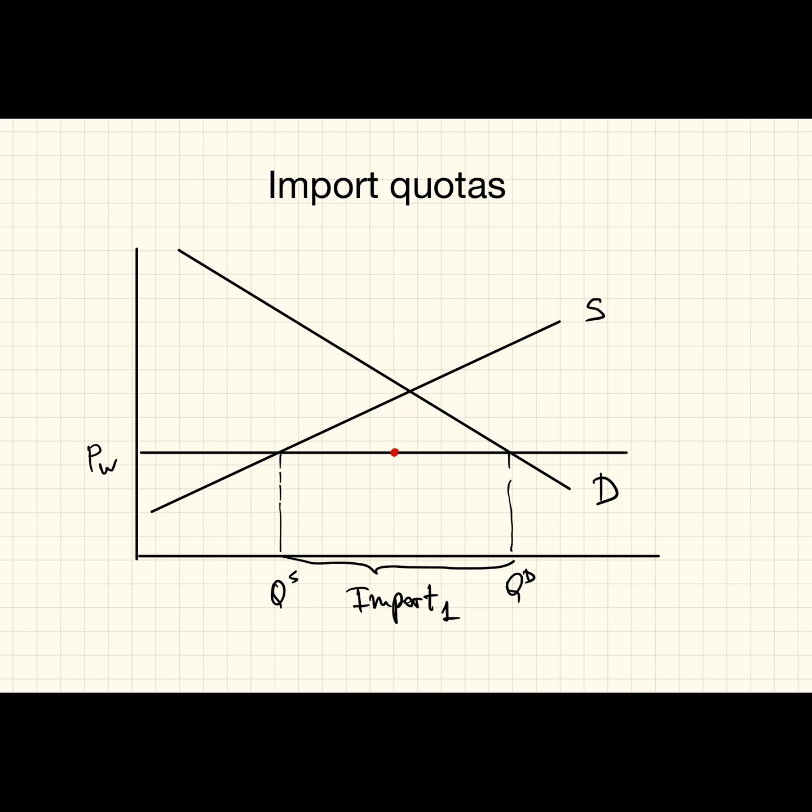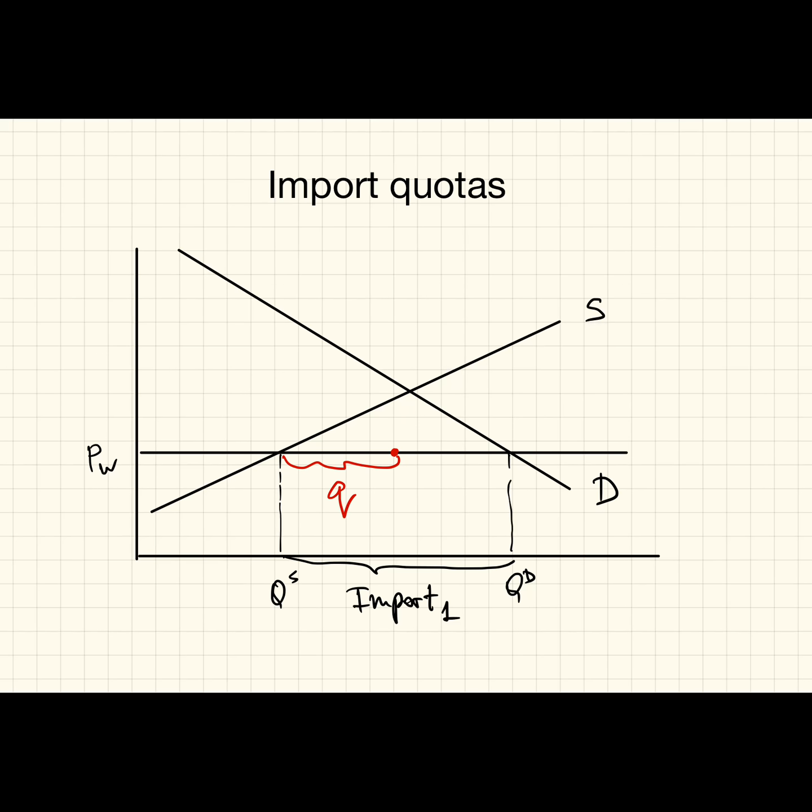So that will be the quota. And given that now we have a small amount of this good brought into this market, if nothing changes, we'll have a shortage. So that will be the shortage.